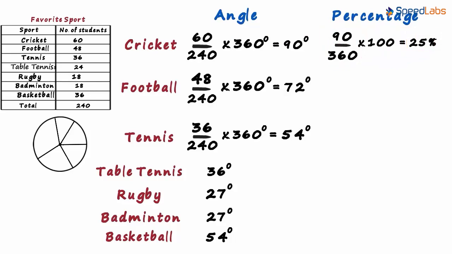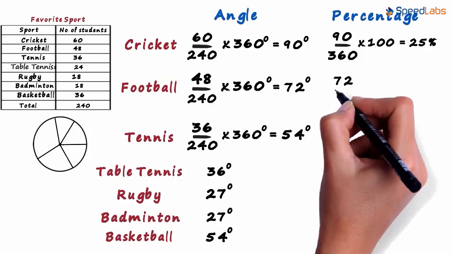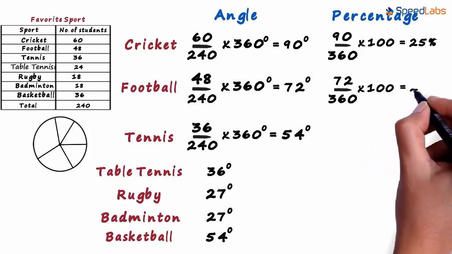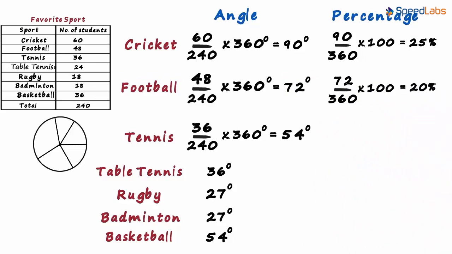But what is this 25%? This tells us that cricket is the favorite sport amongst 25% of the students in this class. What about football? As football represents 72 degrees, its percentage would be 72 by 360 multiplied by 100, and that equals 20%. 20% of the class says that football is their favorite sport.